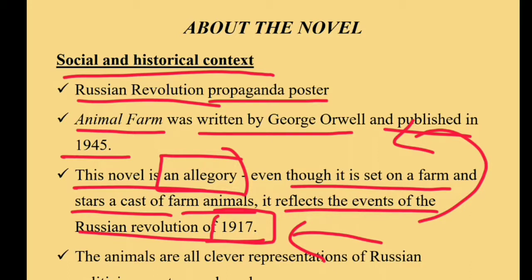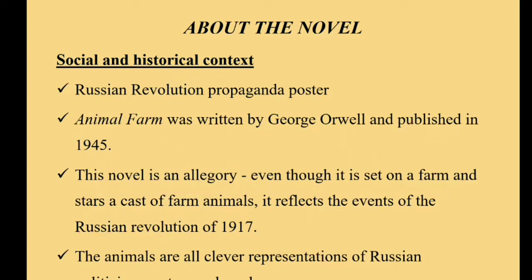Okay. The animals are all clear representative of Russian politicians, voters and workers. I will show you how this novel is divided, how the protagonist of the novel is divided. Okay, it is divided between politicians, voters and workers.